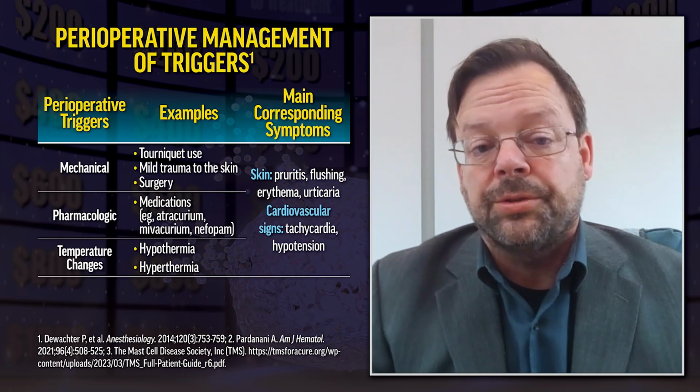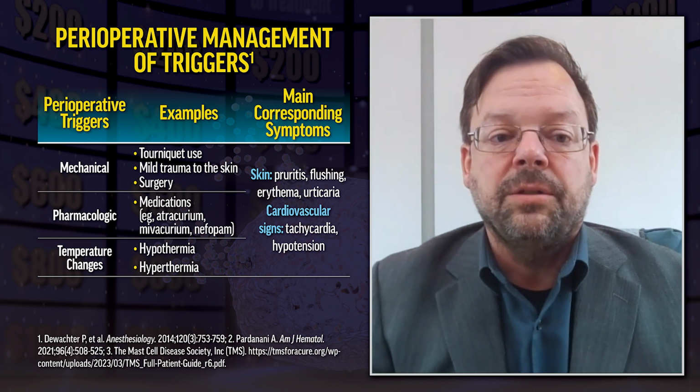So in terms of counseling patients around surgery, this is a time of increased risk, and we've already just touched on some of the triggers for mast cells, physical and emotional stress, certainly pain postoperatively, and also use of pain medications can be triggers. So the anesthesia and surgical teams need to be aware of the diagnosis.